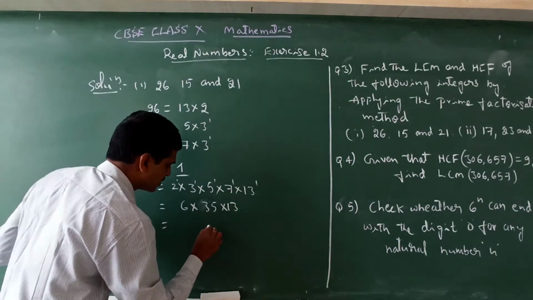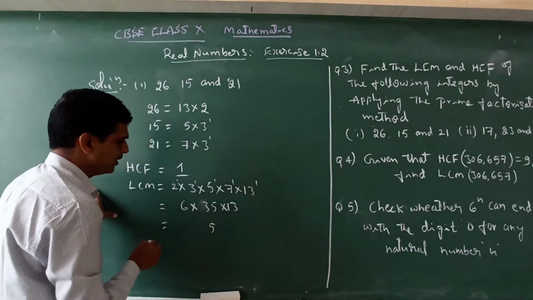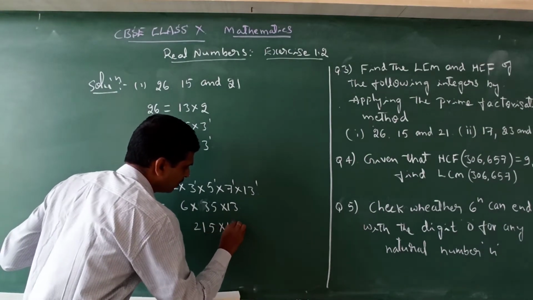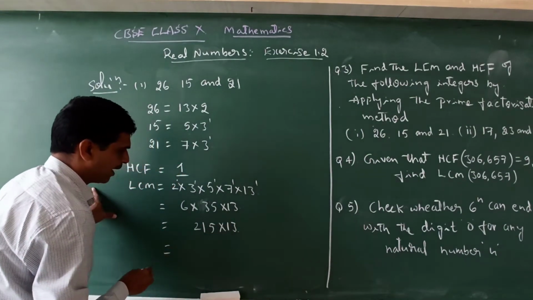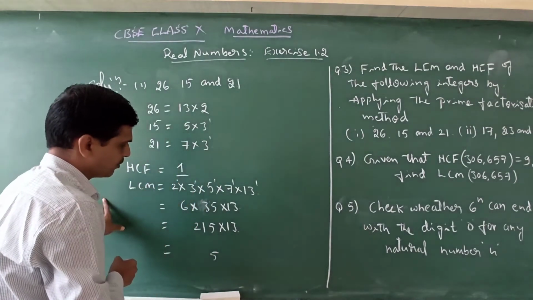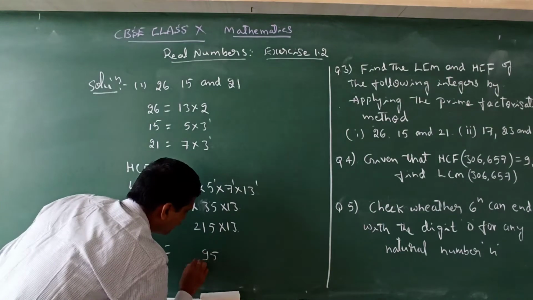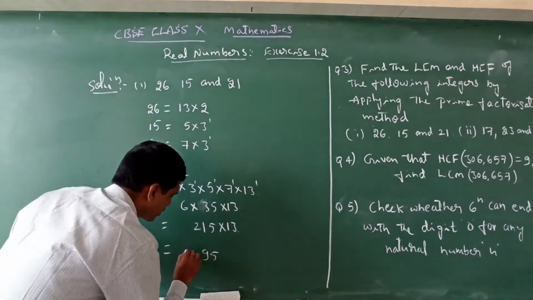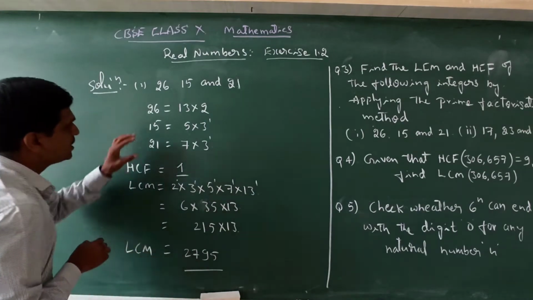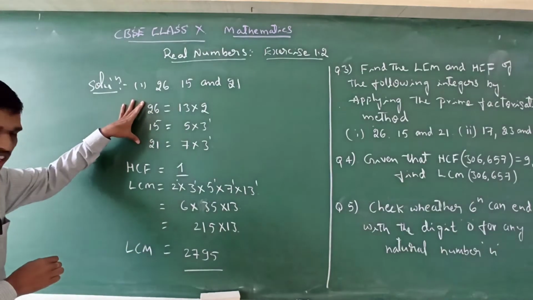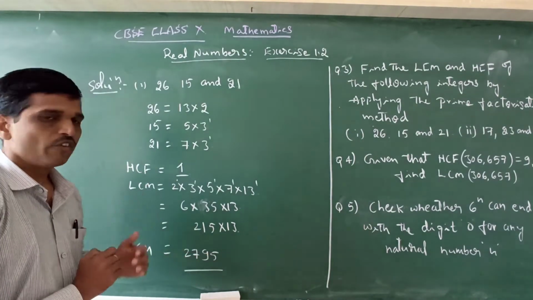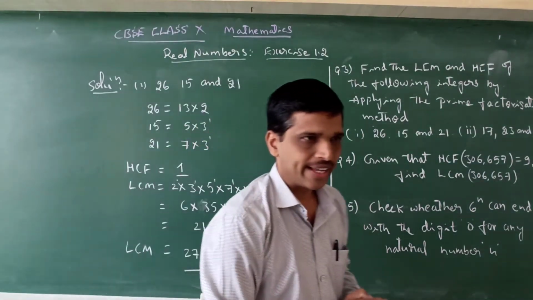Multiply again, 35 into 65 and so on. Therefore, the LCM of these three positive integers is 2795. Like this, we can find out the HCF and LCM.